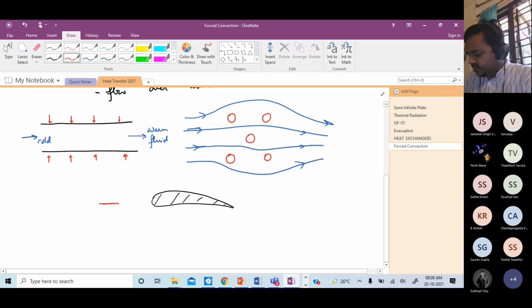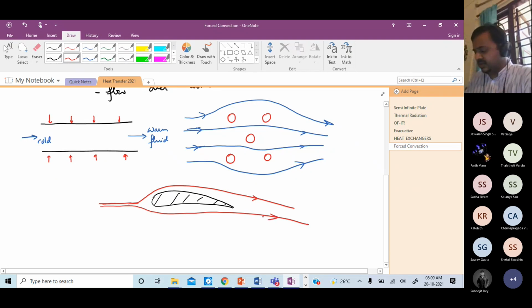Typically over a turbine blade, it's a hot fluid that comes in, and then it will go something like this. In this case, the heat transfer happens from the hot fluid to the blade.